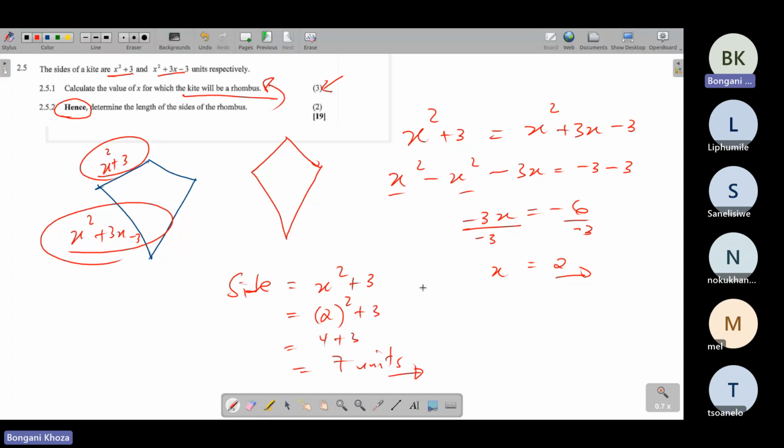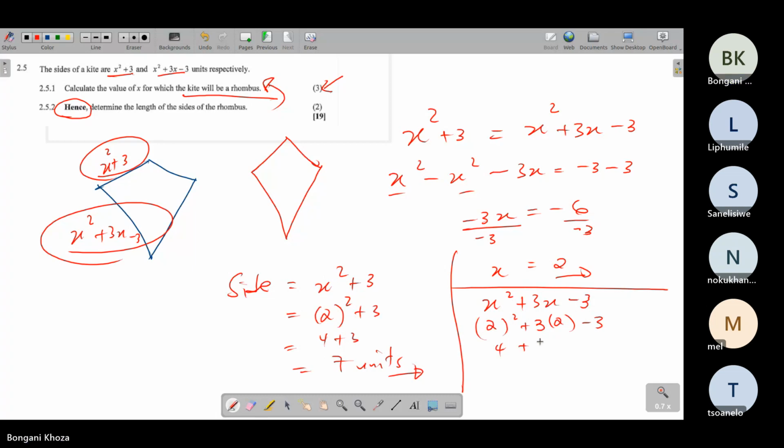I can use this side, I can use the other side, which was x squared plus 3x minus 3. So here I'll have 2 squared plus 3 into 2 minus 3. This will give me 4, this will give me 6 minus 3. This is 10 minus 3. This is 7 units.